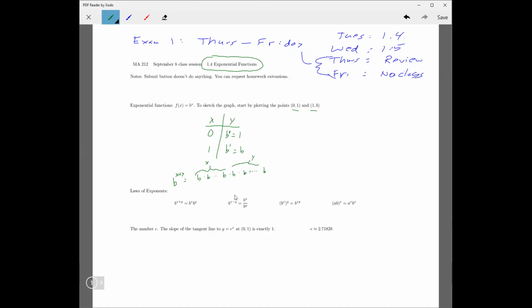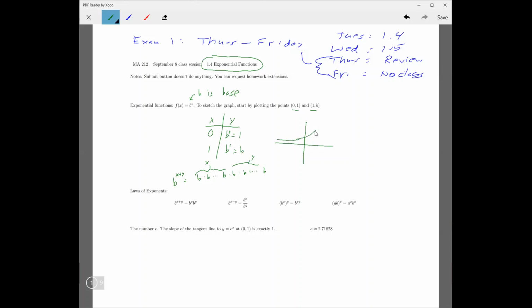With the exponential, there is what we call a natural base. Here b is the base of the exponential, and there's a natural base, which is the number e. As we'll find out later, there are two basic shapes.